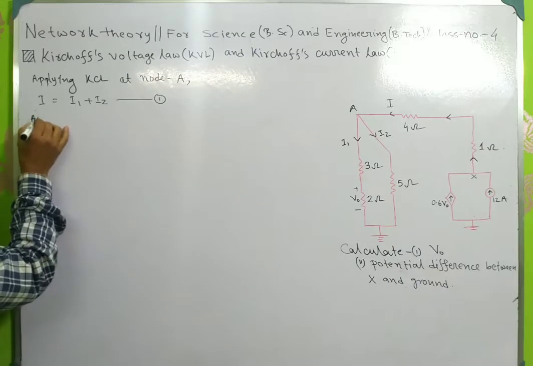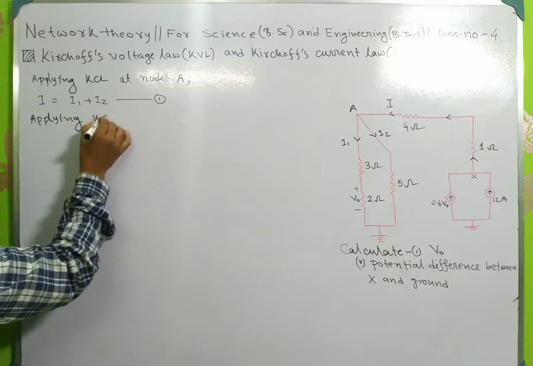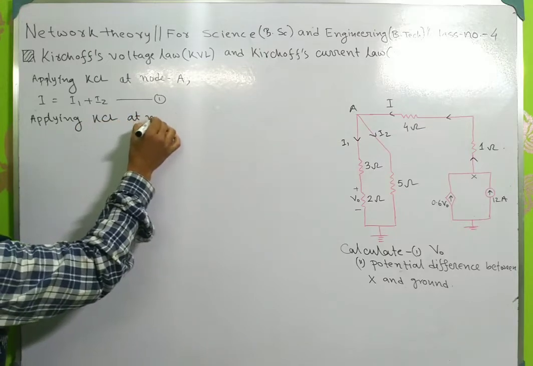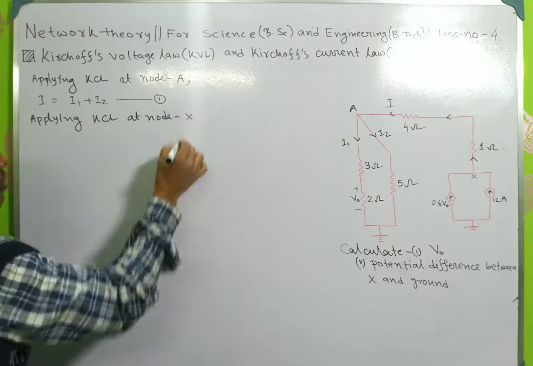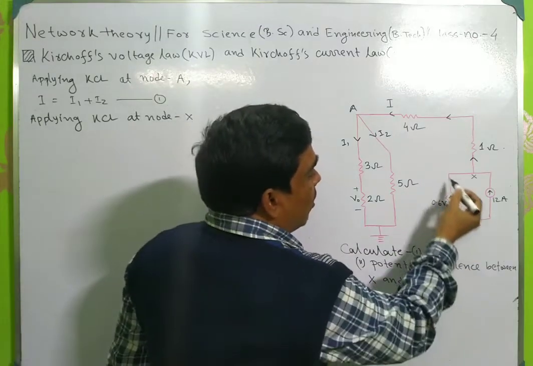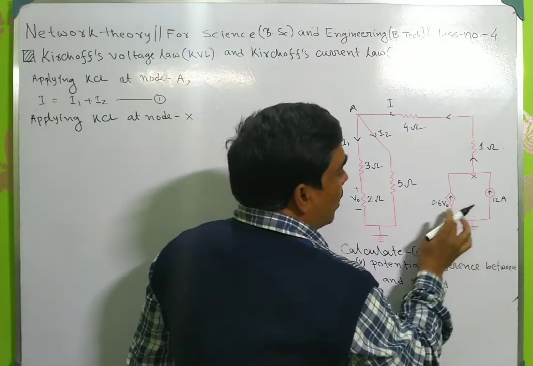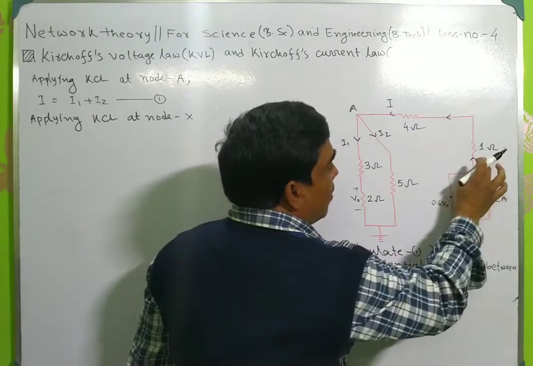Now applying KCL at node X, this node, the two are incoming currents and this is the leaving current.